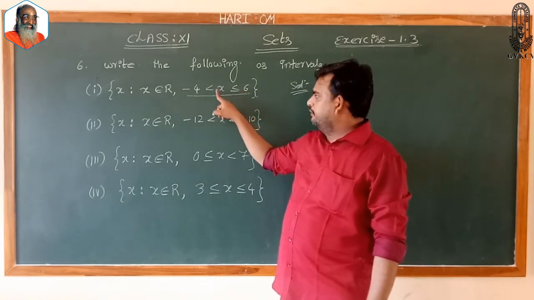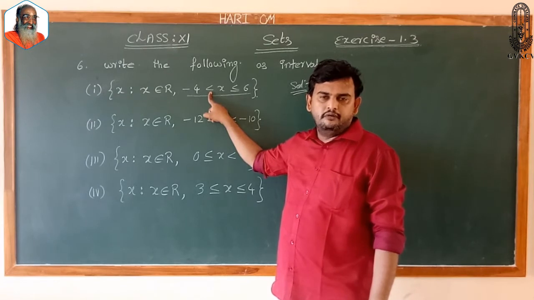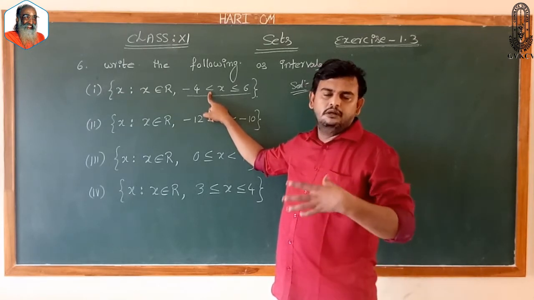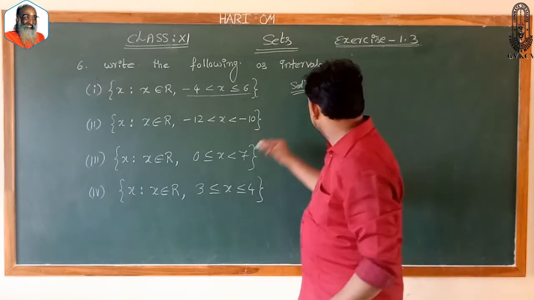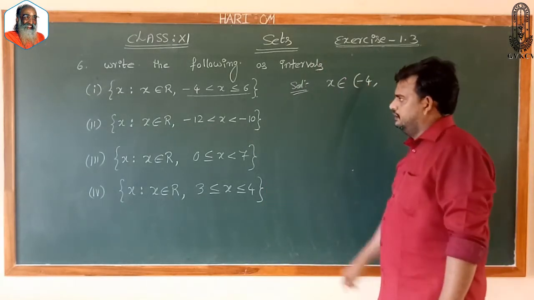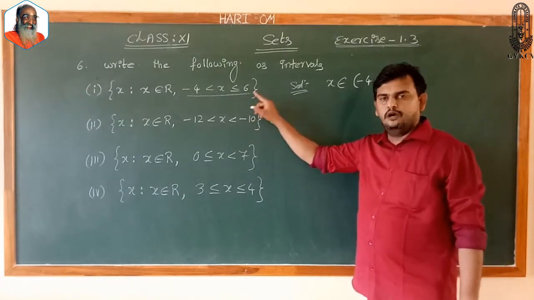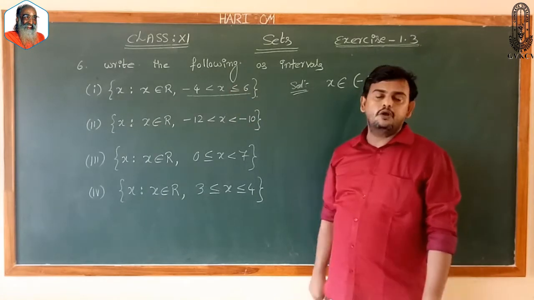As I told you, whenever we have the less than symbol, we have to use which bracket? Open bracket. So, open bracket, minus 4 comma. And here what is the number we have? 6. For 6, what is the symbol we have? Less than or equal to.